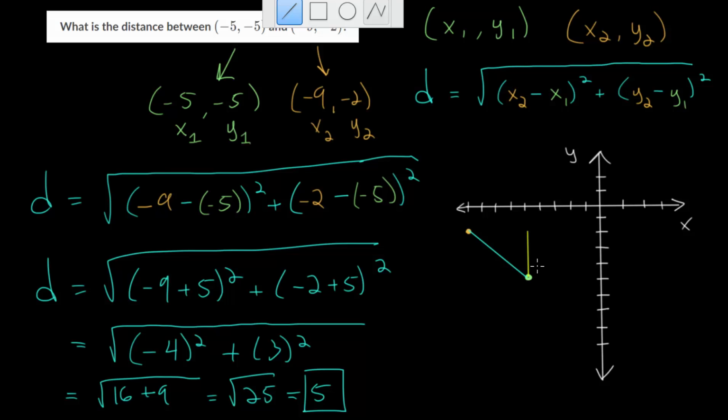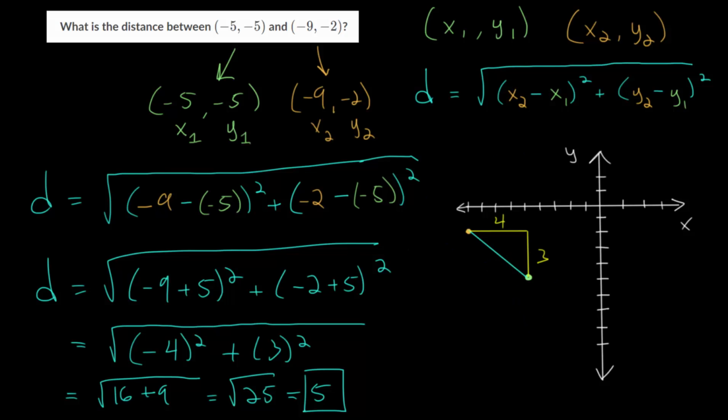So that's at -2. And we would make a horizontal line starting with the leftmost x value and going to the rightmost x value, stopping right there. And we could just label these sides. So this goes up 1, 2, 3. And this goes from -9 to -5, so that is 4 over to the right.